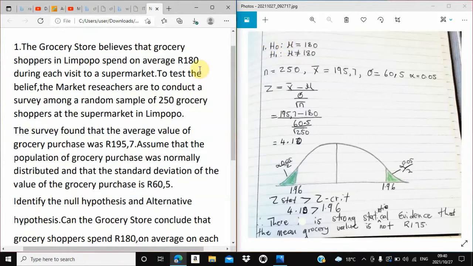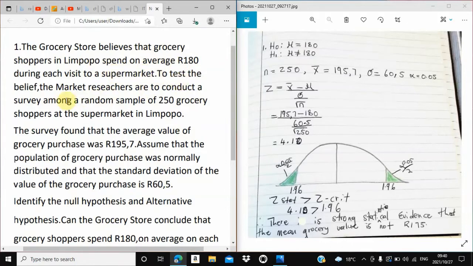So let's go into this example and do one of the examples. We are given that a grocery store believes that grocery shoppers in Limpopo spend on average 180 during each visit to a supermarket.